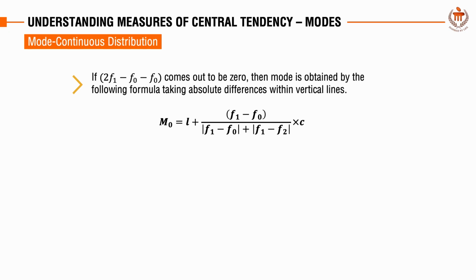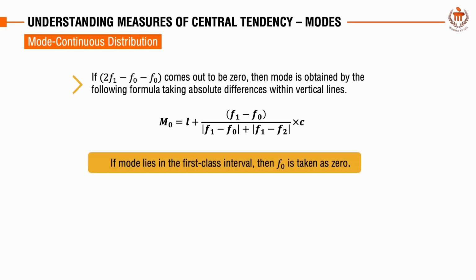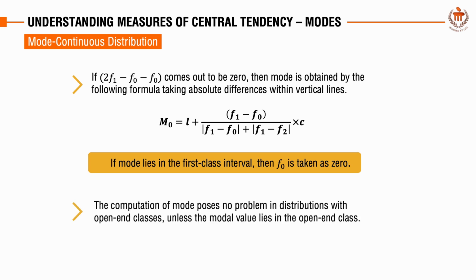C is the class width of the class interval. Remember that if the mode lies in the first class interval, then F0 would be taken as 0. The computation of mode poses no problem in distributions with open-ended classes unless the modal value lies in the open-ended class. Then there would be a problem while calculating the mode.